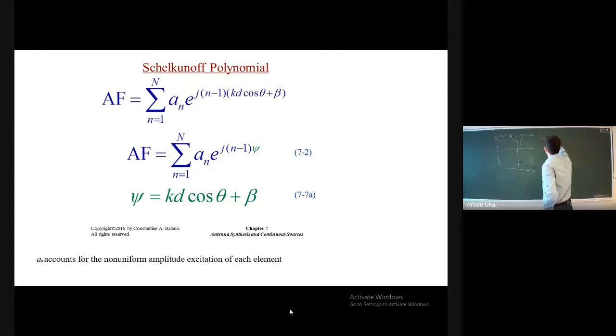Psi is a function of distance d and beta, where d is the distance between any two components. So this is the distance d, and then we also have the complete length of the antenna, which is often given as L equal to n lambda.